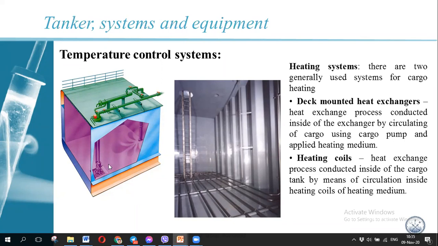So you are taking the cold cargo, heating it and sending already hot cargo back inside the tank. That is a very effective way. Everybody likes this way to heat the cargo because it's very fast heating and so on. Cargo heating coils are used on big tankers for heating crude oil and so on.